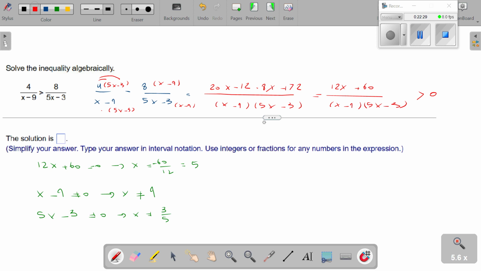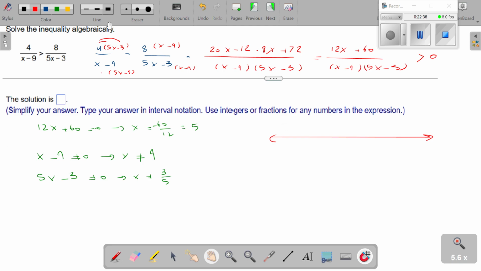Now, I'm going to make my number line and label the zeros, or all these numbers. So it was negative 5, 3 over 5, and 9. Put them in order. Now, you have to try numbers before, between, and after these ones.